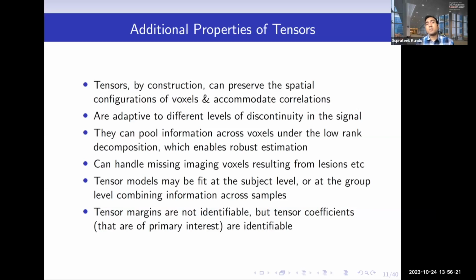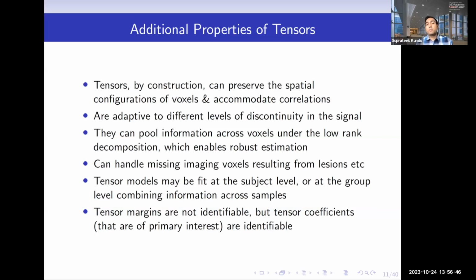And then tensor models, being a low-rank decomposition, may be fit at the subject level. So you could essentially fit a tensor model for each subject separately, or you could do a group level analysis, right? And obviously, think of a PCA, right? So you could potentially do a PCA at the subject level if you have the right kind of data. So you could do tensors the same way at the subject level, or at the group level.